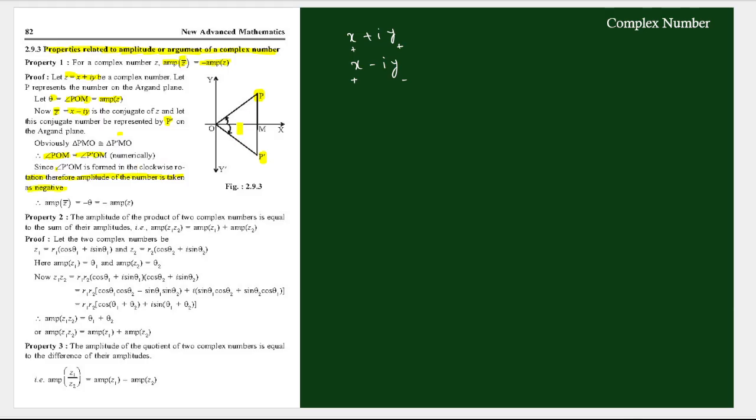So the amplitude of z will be theta, and the amplitude of the conjugate, P dash OM, will be its negative, so minus theta. And theta is nothing but the amplitude of z, so minus the amplitude of z. Hence proven.